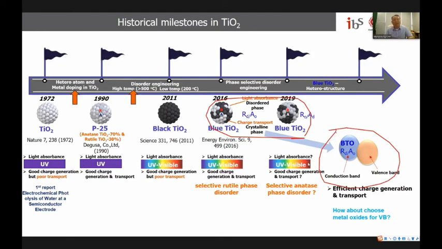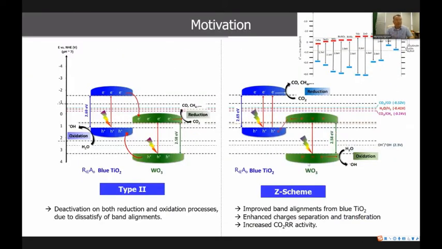So this is our other scheme using our blue TiO2, and the band gap position of our blue TiO2 is like this. We are trying to intensify the HOMO level here, the oxidation part.